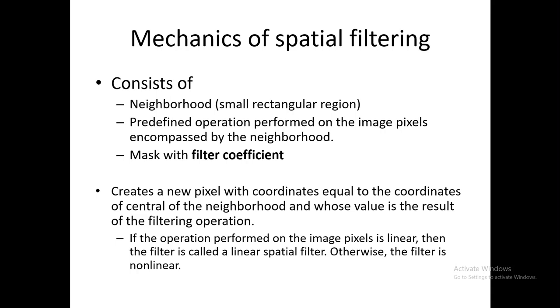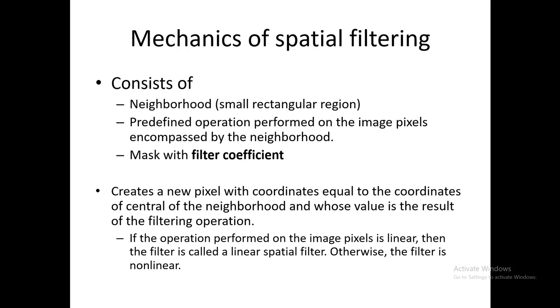It also consists of a filter mask with the filter coefficients, or we call it a kernel. After the filtering operation, it creates a new pixel with coordinates equal to the coordinates of the center of the neighborhood, and whose value is the result of the filtering operation.